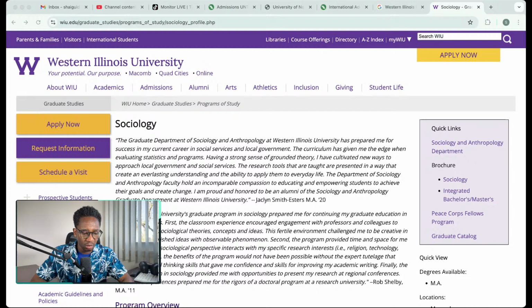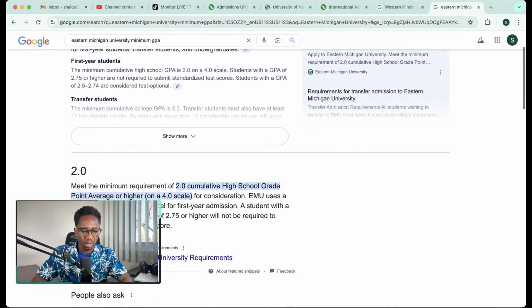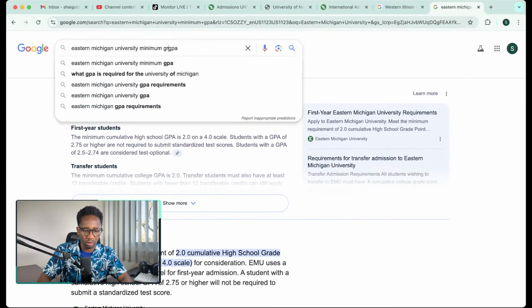And then I believe that Eastern Michigan, minimum graduates, minimum GPA. Oh no, this is undergraduates. So let me add minimum graduates.